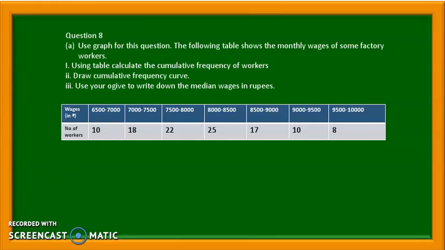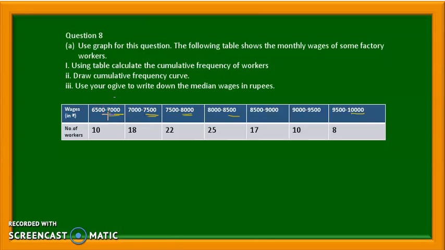How do we find this? Cumulative frequency, how will you get it? This is the less than type, so we consider all the upper limits: less than 7,000, less than 7,500, less than 8,000, less than 8,500 and so on, up to less than 10,000.